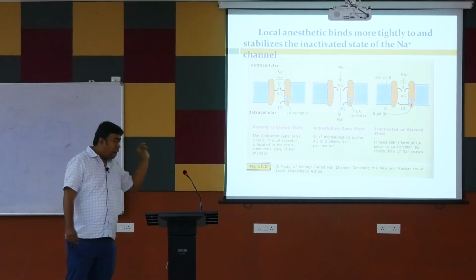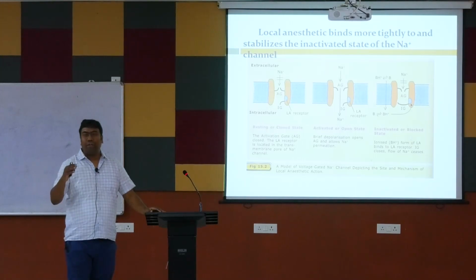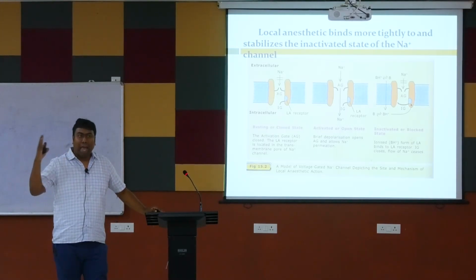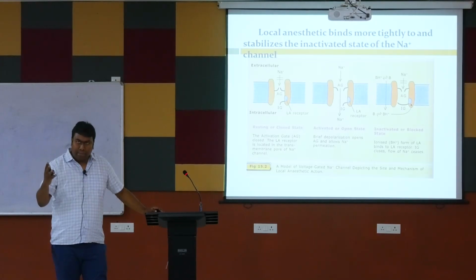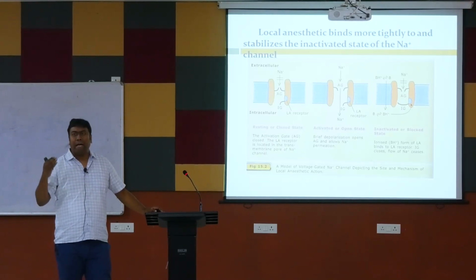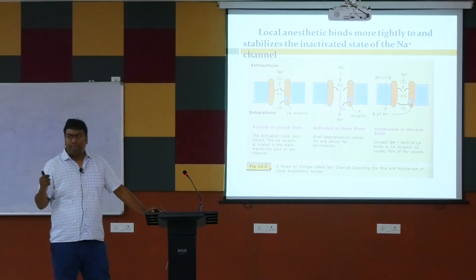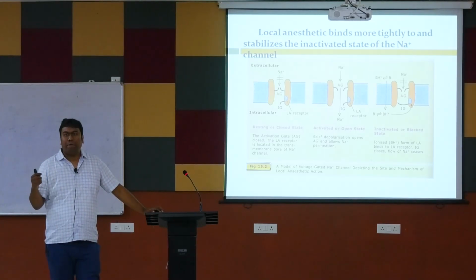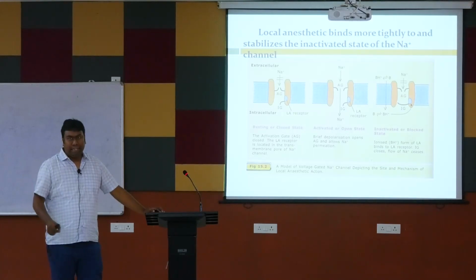They bind with the inactivation gate and block it, so even when the activation gate is open, a lesser amount of sodium is able to come inside the cytoplasm or axon. What happens if there is a lesser amount of sodium? Next step, what will happen? They are unable to produce any action potential. So nerve impulse will be less.